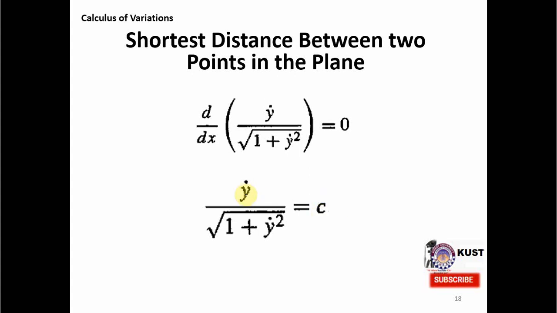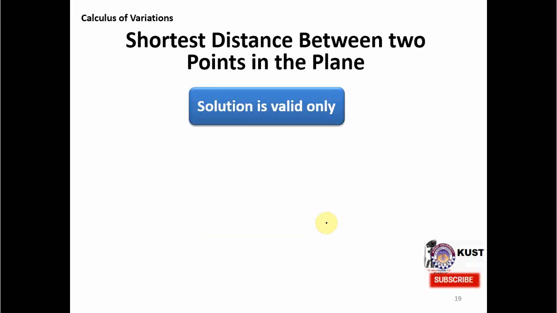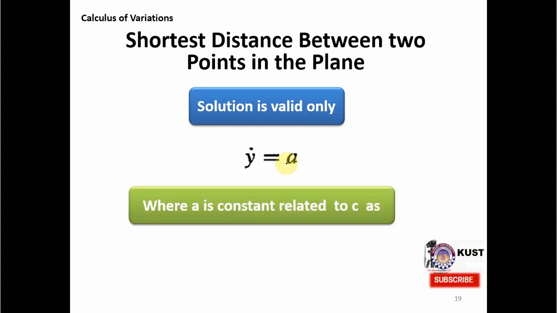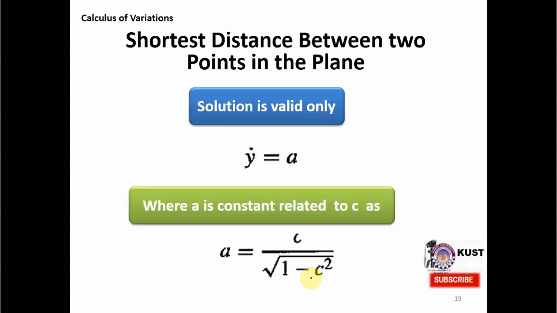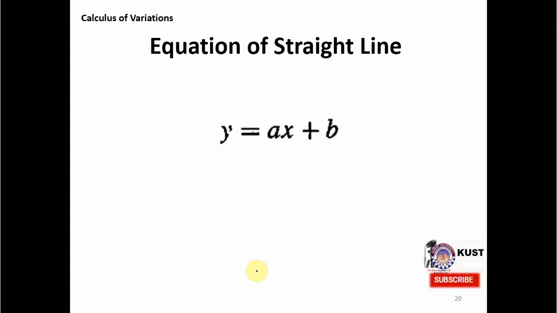So that gives us y dot over the square root of 1 plus y dot square equal to c. We can further simplify this by saying that y dot is equal to another constant a, where a is related to c as a equals c by the square root of 1 minus c square. From this we see that this is actually giving us the equation of a straight line. If you integrate, you get y equals ax plus b, and that is the equation of a straight line.